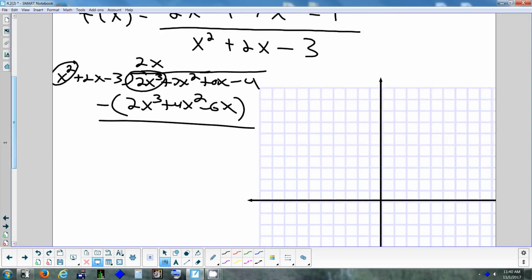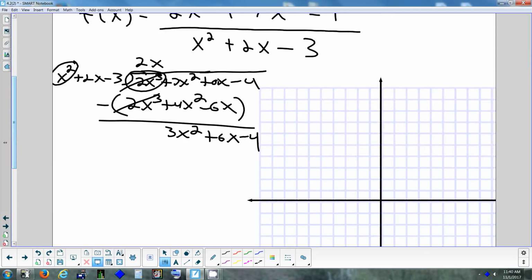So subtract. What's 2x cubed minus 2x cubed? 0. What's 7x squared minus 4x squared? 3x squared. And 0x minus 6x? Negative 6x. And you can bring down the next term. It's not going to really matter unless you want the remainder.